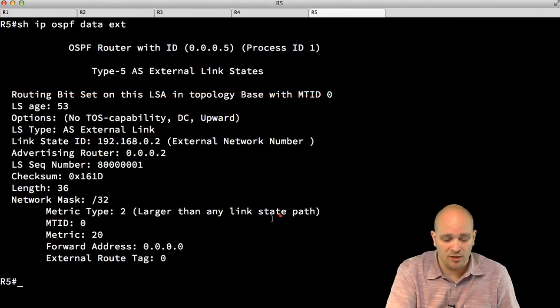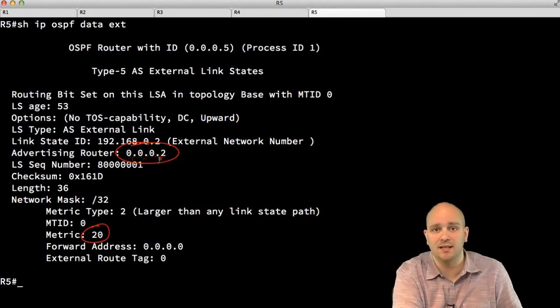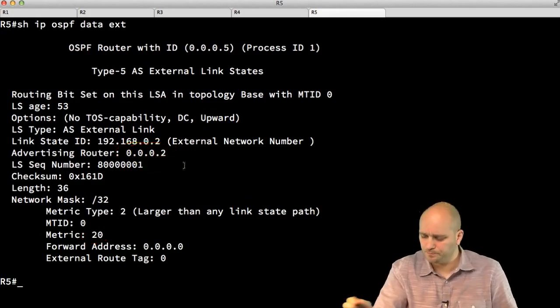What we are looking for here is that the metric is the same as it was advertised from R2, and we can see here that the advertising router still indicates R2.